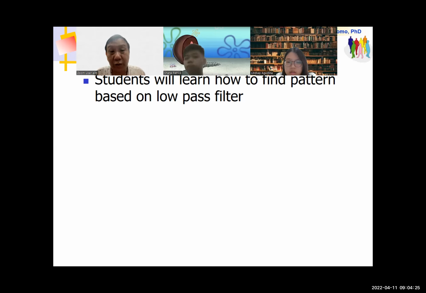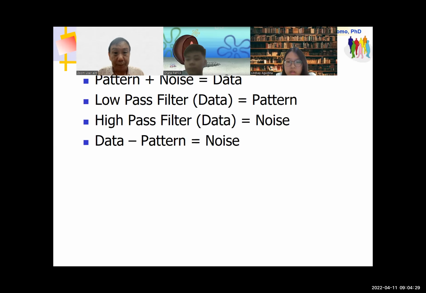by creating what is called a low pass filter. So here is my mantra: pattern plus noise is equal to data. If you do a low pass filter of that data, you will get the pattern.